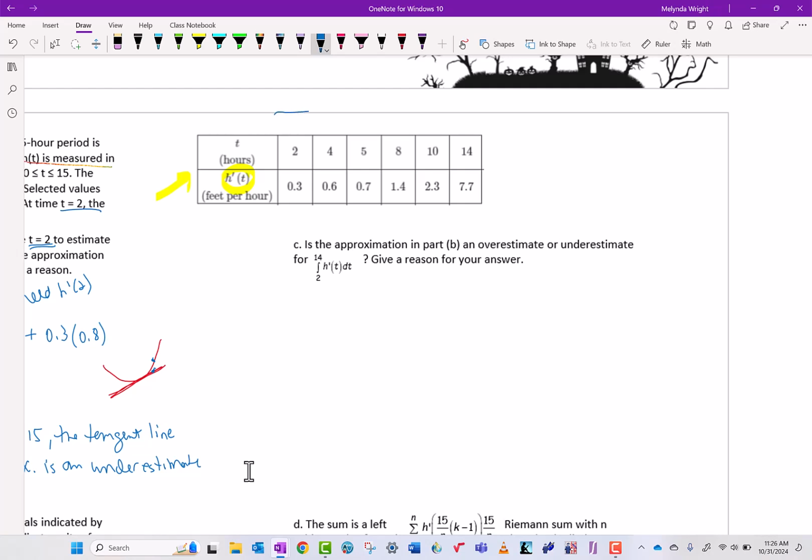I need to write it out. So we started at 2 and then 4, then 5, 8, 10, 14. Okay, so I've got 1, 2, 3, 4, 5. I've got 5 little rectangles, right?